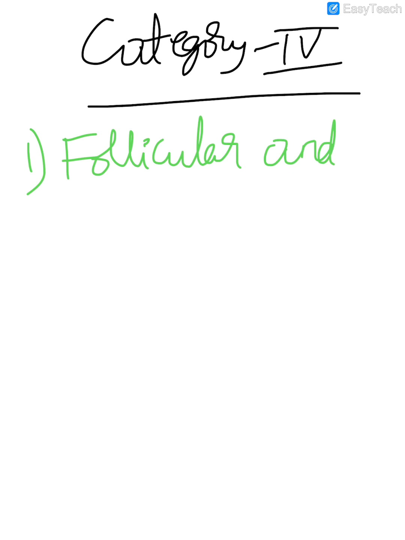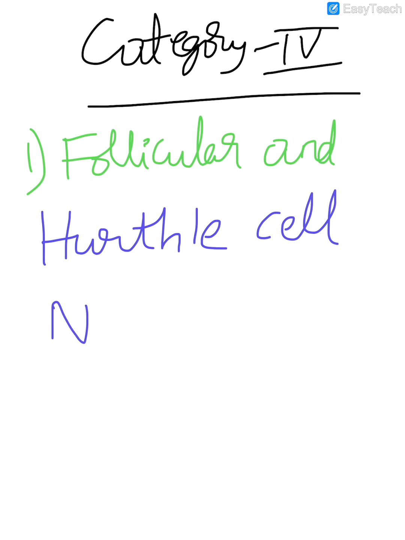The lesions that are included under category 4 are follicular and Hürthle cell neoplasm. Okay, follicular and Hürthle cell neoplasm.